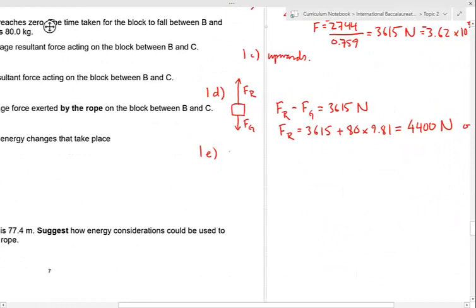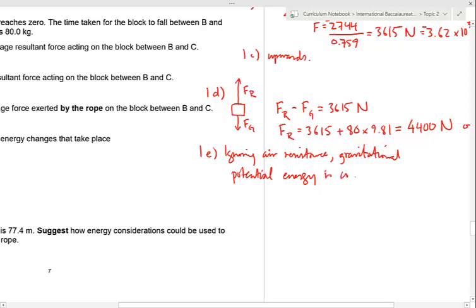So we can say, ignoring friction, ignoring air resistance, gravitational potential energy is converted to kinetic energy. If we wanted to include friction, then we would say that some heat would also be produced. So some of the gravitational potential energy would become heat.